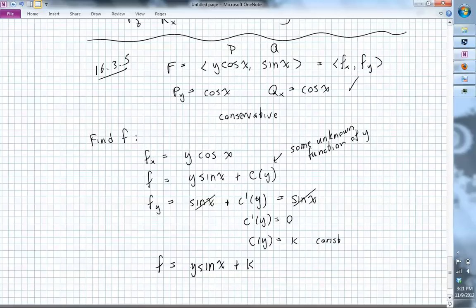You'll get the same result. With c of x, and then c prime of x, and then solve for that, you're going to get the same function, even though it's ones of x and ones of y. When you get to here, it'll be exactly the same. Yes, that's a really great observation. Why did I start with f sub x? Because it doesn't matter, so I just started there.